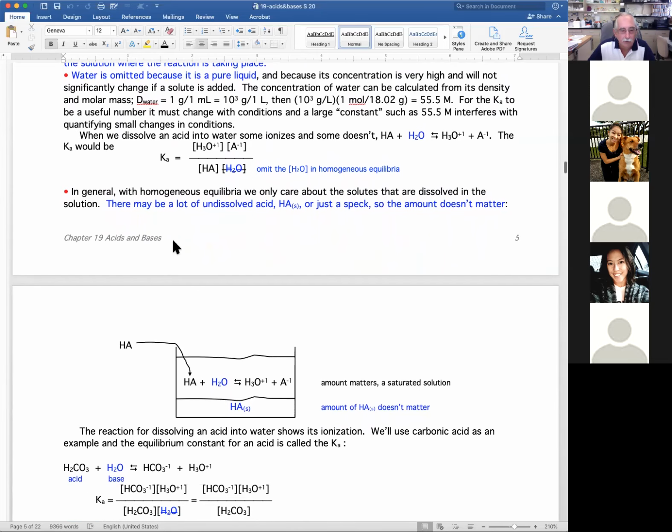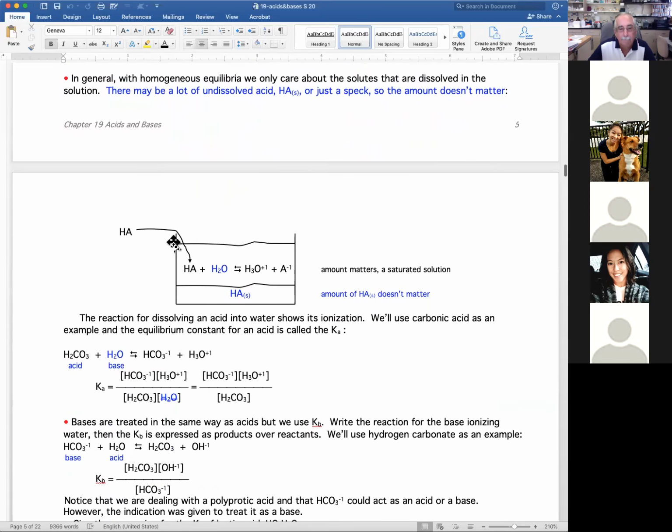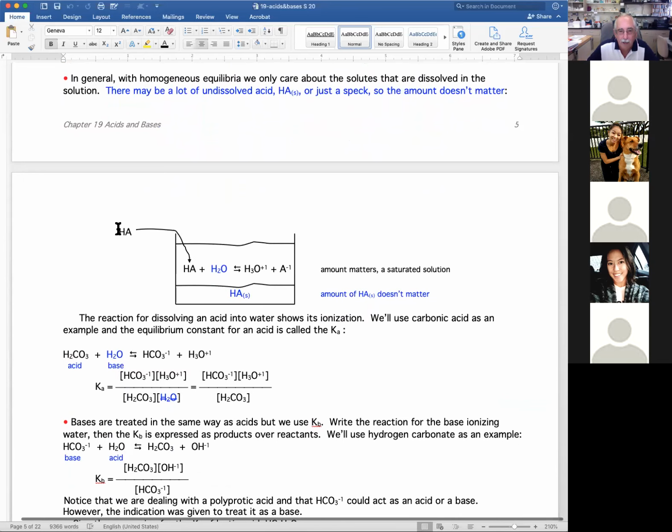So in general, in homogeneous equilibria, we only care about the solids that are dissolved in the solution. So remember this about saturated solutions. If I got water and I keep adding HA, in the beginning, this is all going to dissolve, but then if I get past the point of saturation, what happens?